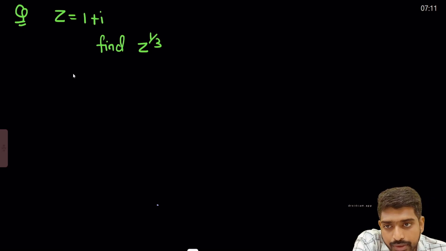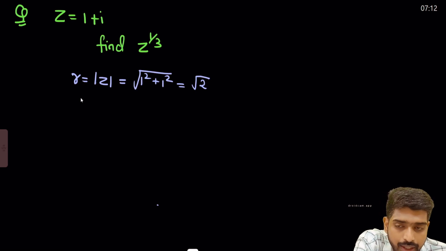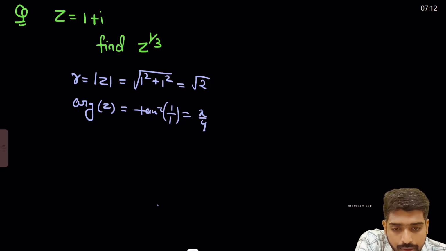So first we'll find the magnitude of this complex number, which is the modulus of z. So this will be the square root of 1 square plus 1 square, which is root 2. Next we'll find the argument of this complex number z, which will be tan inverse 1 by 1, right, which is pi by 4.